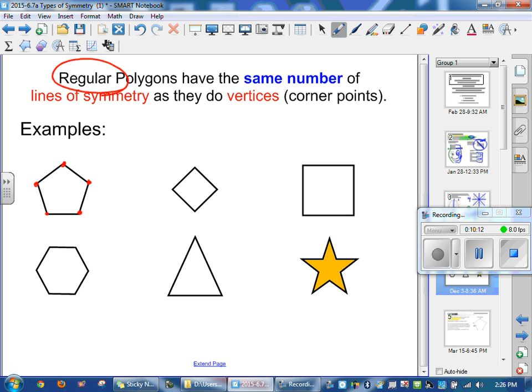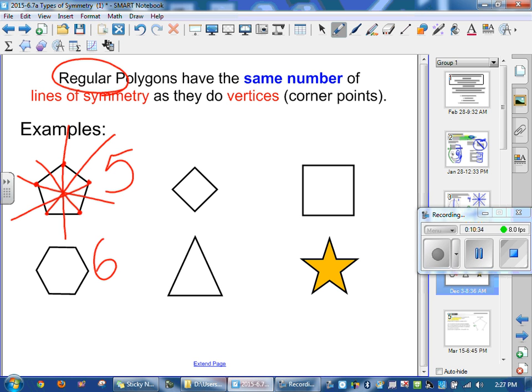So if I go right down the middle, I can cut it in the middle and it'll flip over top and cover exactly. If I go this way and cut through, it's going to be the exact same thing. And you're going to go through each one of them and they're all going to meet in the middle. That guy will have 5.